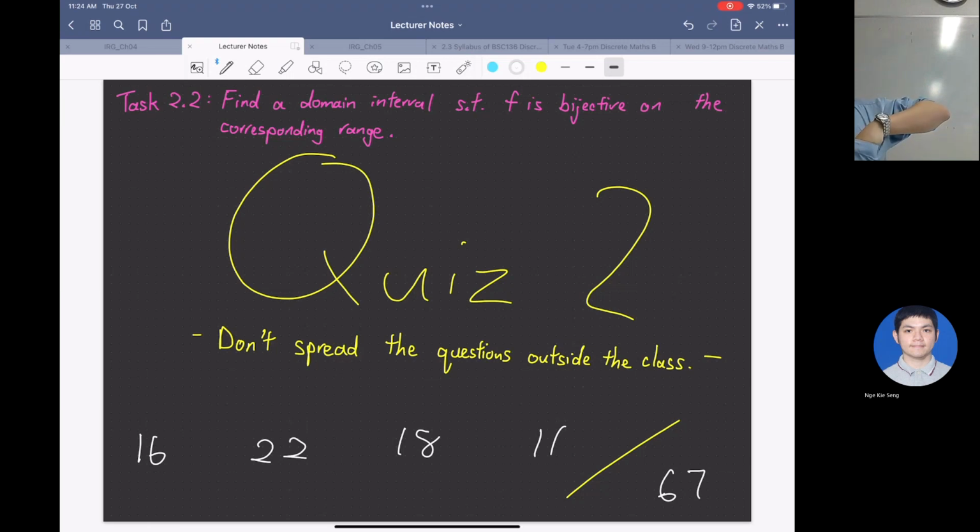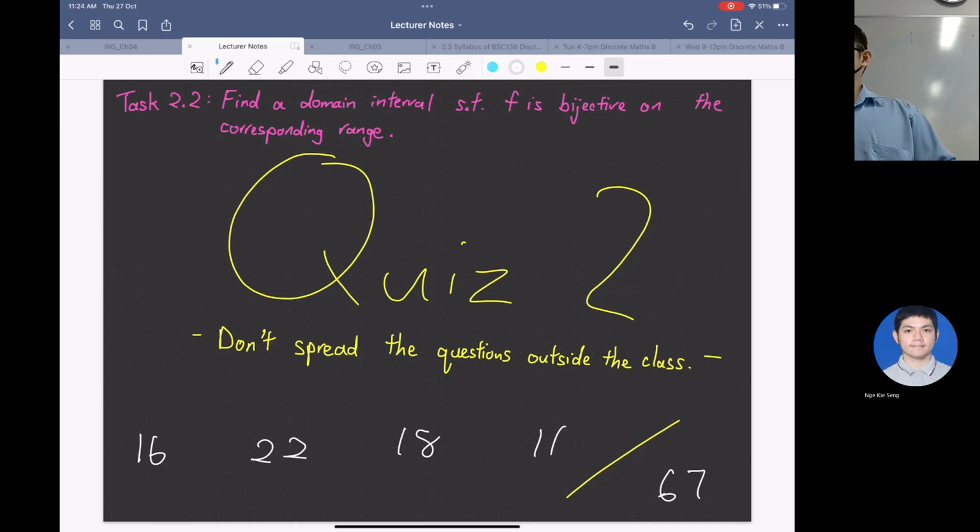Pass to the front. Please pass to the front.